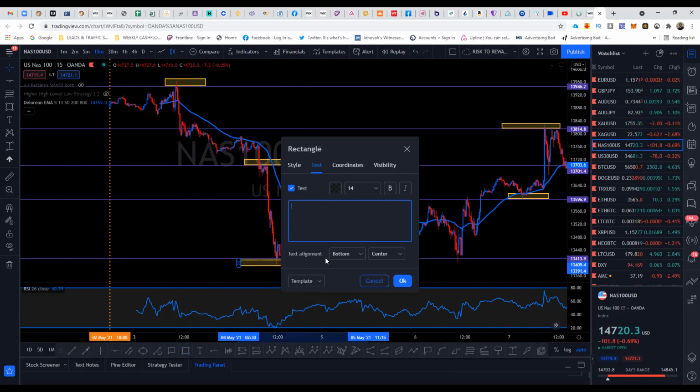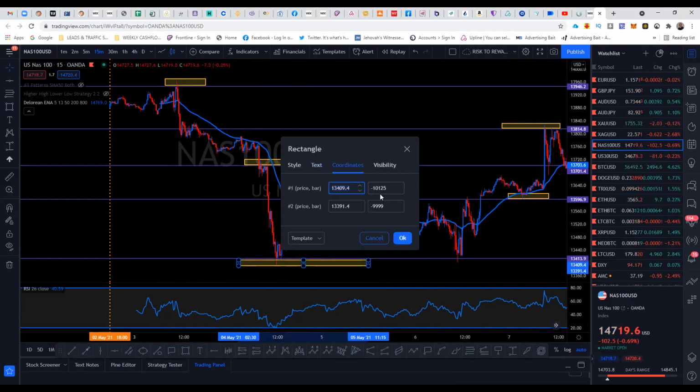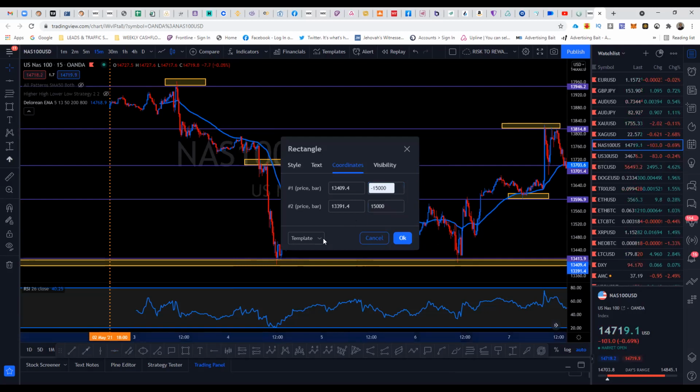So now I'm going to change the coordinates of these zones real quick here. Light yellow.